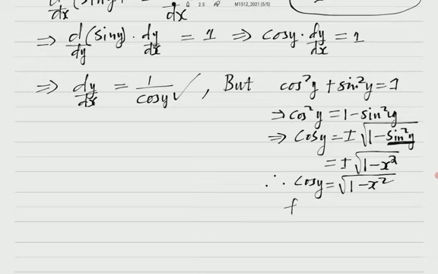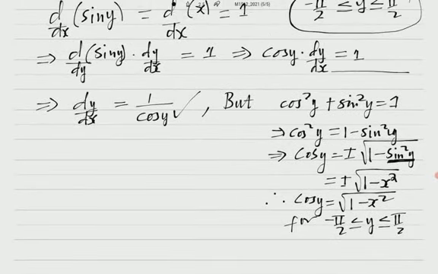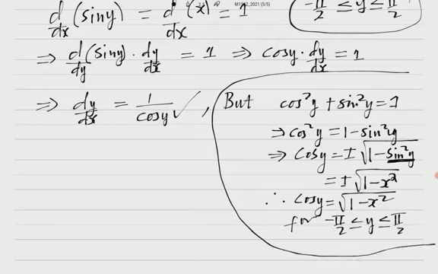So we can even say for y between minus pi over 2 and pi over 2, where the inverse function exists. This is a very important result, but specifically we want to pick this portion and plug it here for cosine.